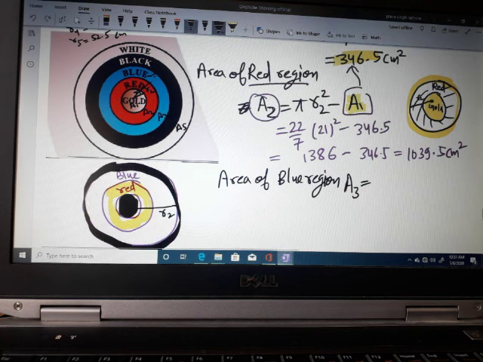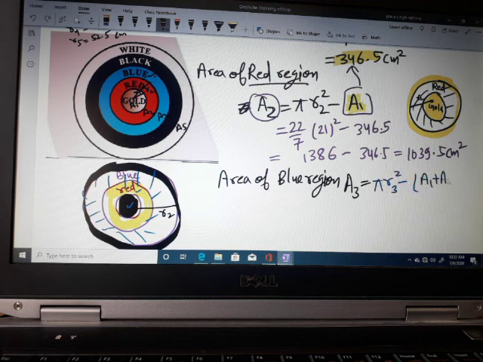That's why you subtract the gold region and red region, that was A1 and A2. So this is pi R3 square minus A1 plus A2.